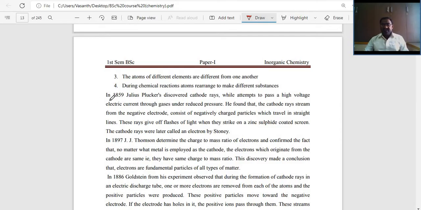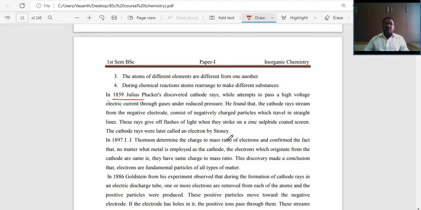In 1859, one more scientist, Julius Plücker, discovered cathode rays while he attempted to pass a high voltage electric current through gases under reduced pressure. He found that the cathode rays streaming from a negative electrode consist of negatively charged particles which travel in straight lines.